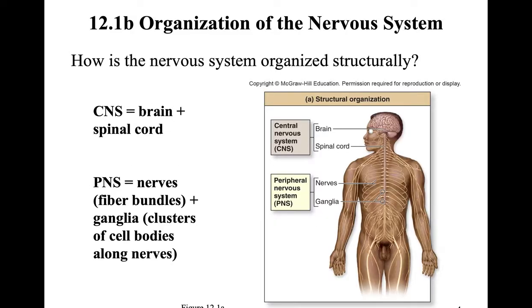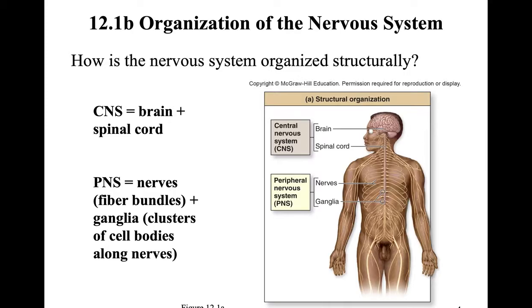Next slide. Next slide is page 438. And on page 438, we see the picture that says central nervous system. The central nervous system is only two things, the brain and the spinal cord. So as you can see, if we take the last slide and this slide, we now know that the central nervous system, the brain and spinal cord, will deal with integration, processing.